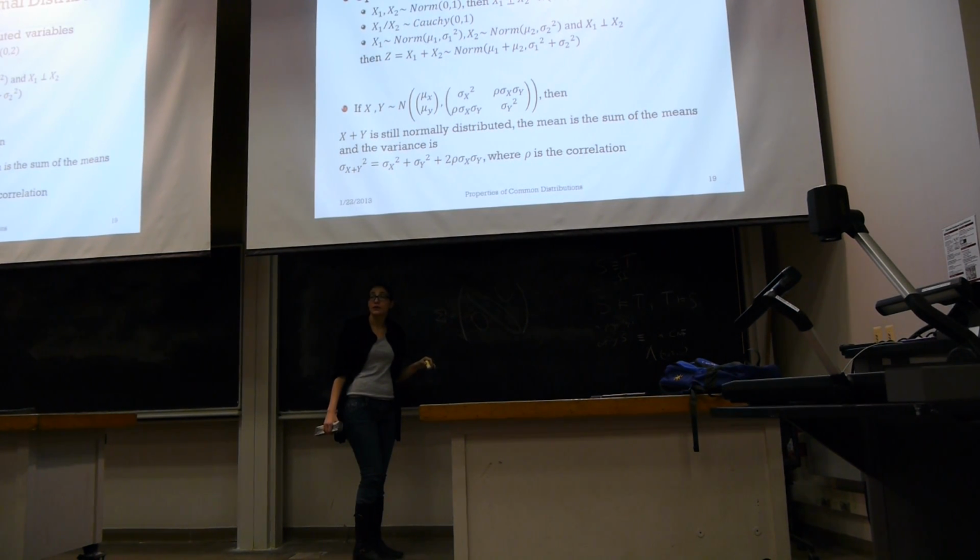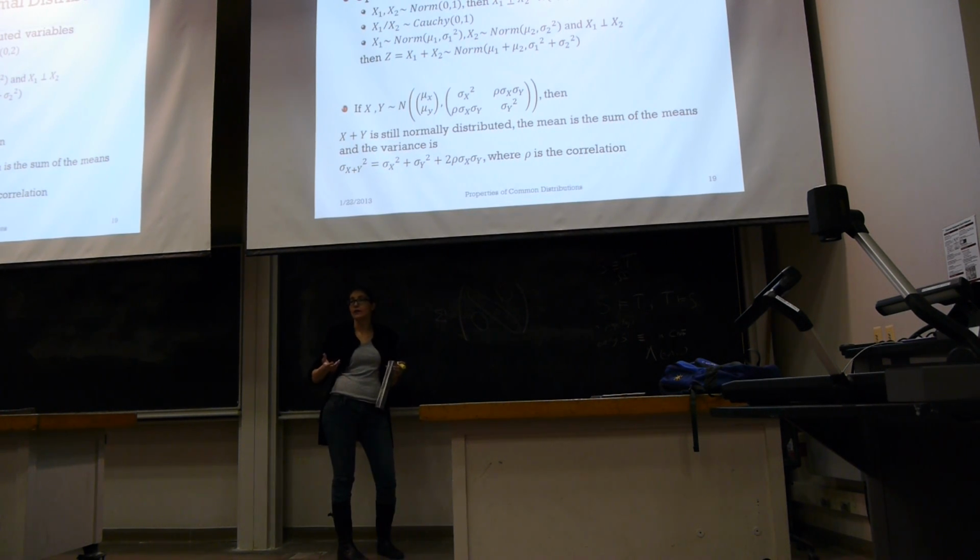The covariance between two variables signifies how related they are to each other, like how one of them can predict the other. I guess Barnabas didn't tell you this.